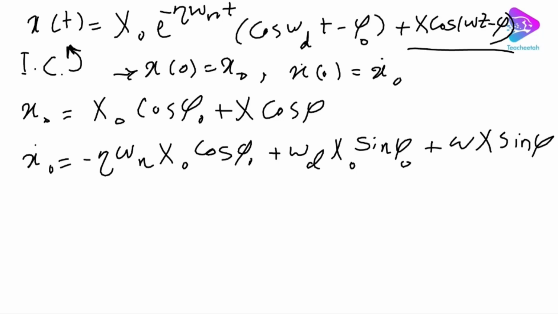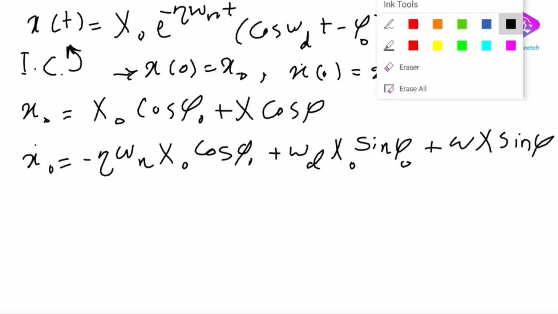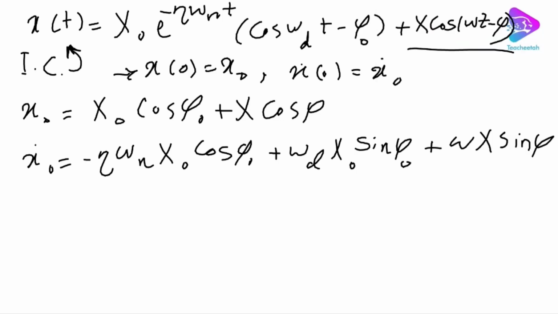Okay, so we can further simplify these two equations. So if we look at, for example, in this equation, we can find these terms, and also we can simplify for this, and I'll tell you why. Let's simplify for this term, right?